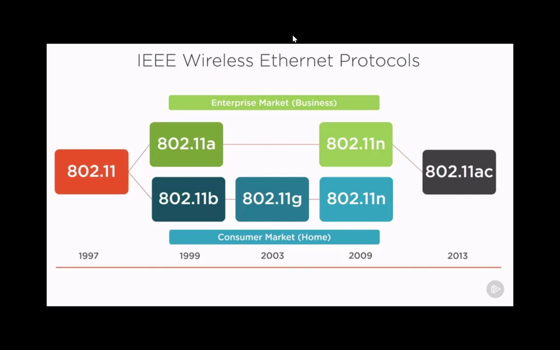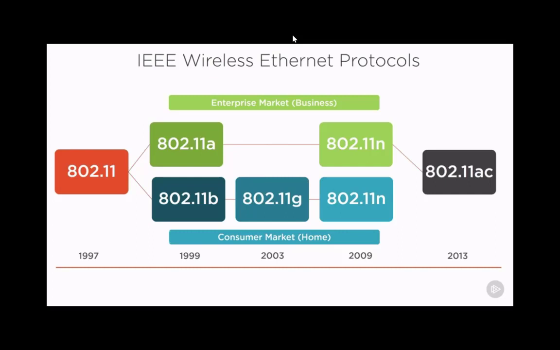Basically, when we talk about data communication over a wireless medium, we call it 802.11. 802.11 always represents communication taking place on a wireless medium.